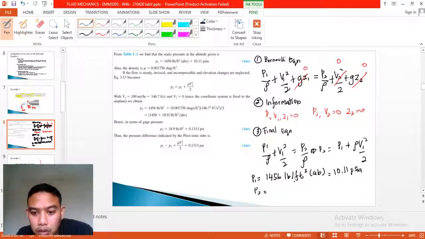So question number 2 is to find P2. For P2, we need to use this equation, which is P1 plus rho V1 squared divided by 2.